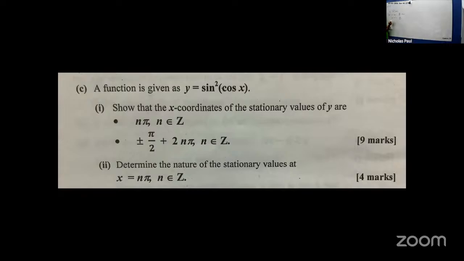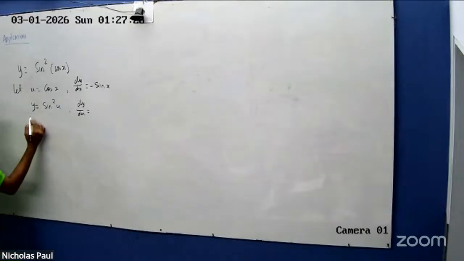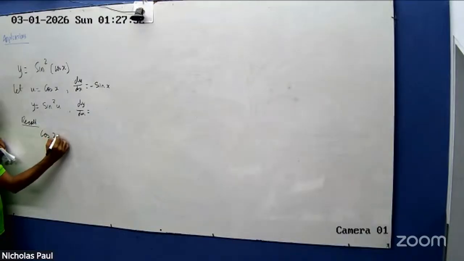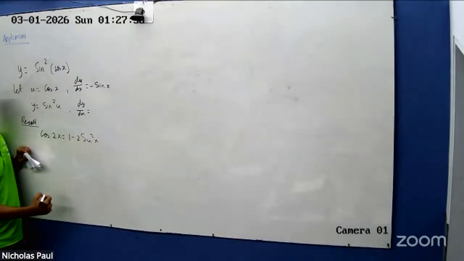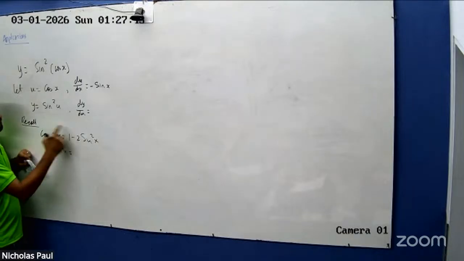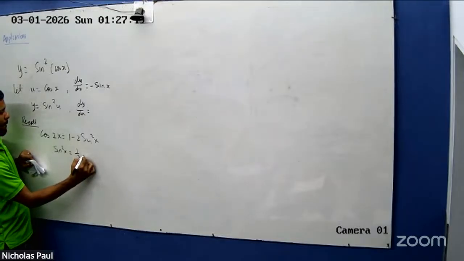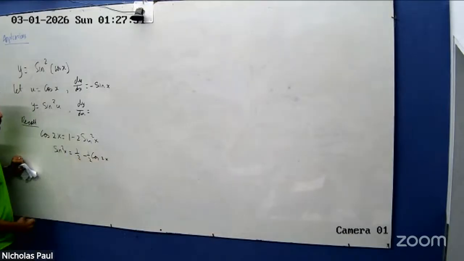So ideally, for you to differentiate things like this, here's what you could use. You all might remember this. You all remember that cos 2x is equal to 1 minus 2 sine squared x. Remember this? So sine squared x is equal to a half minus a half cos 2x. Remember this?